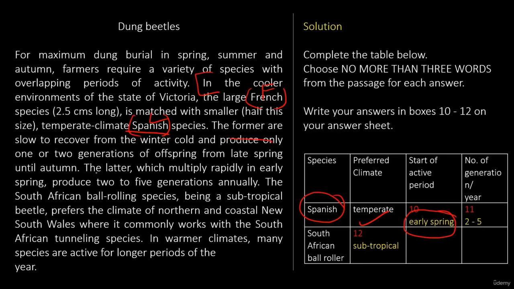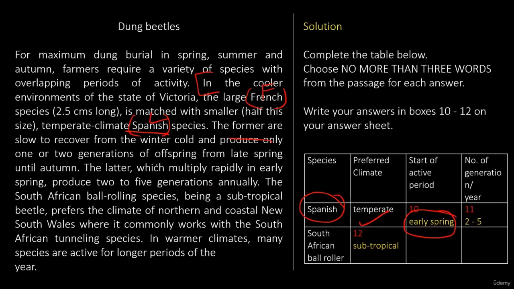They mention the time. That means we have to look for this information in the latter, because we have been asked the start of active period for Spanish. The latter, which multiply rapidly in early spring, produce 2 to 5 generations annually.